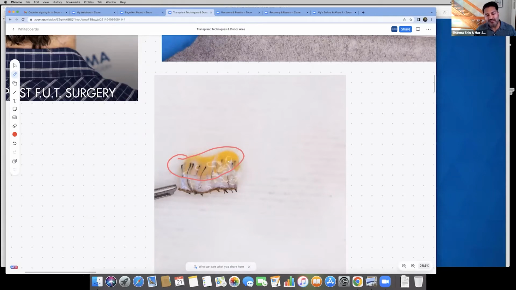We went for the FUT technique because to do the FUE technique, you'd simply cut through these, because as you can see, the roots are not sitting directly in the same trajectory as the FUE blade. So if we went in here, you'd actually cut these roots, which is a complete waste of time. So therefore, we'd like to visualize it and then slowly carve around these individual roots to make sure we get them out.